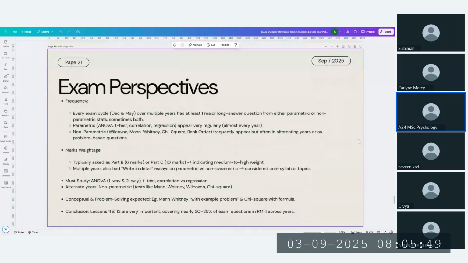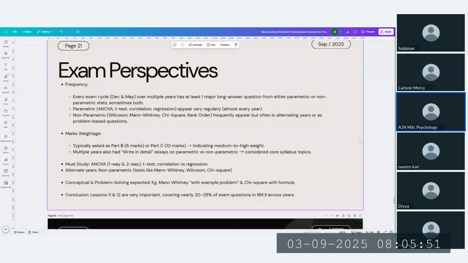Now, to the exam perspective. Having analyzed the papers, every exam cycle has one question from both parametric and non-parametric stats. So parametric is every year, right? ANOVA, t-test, correlation, regression. At least one 6-marker or one 10-marker is there, right?